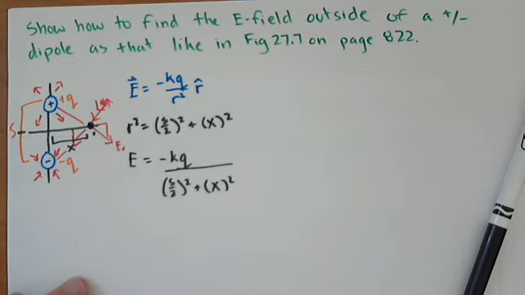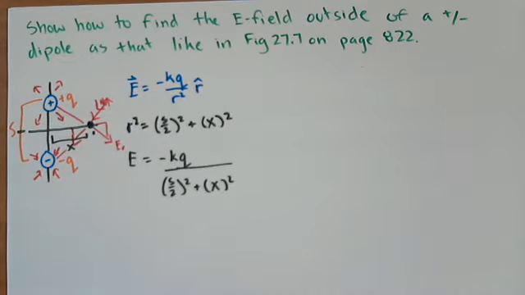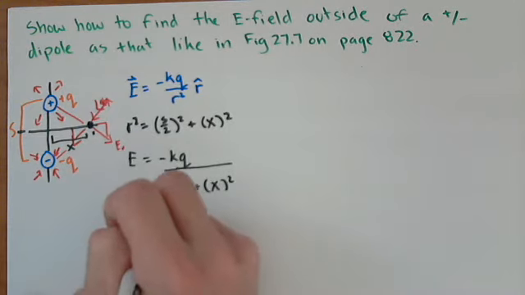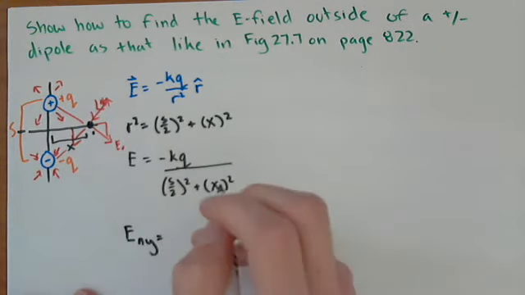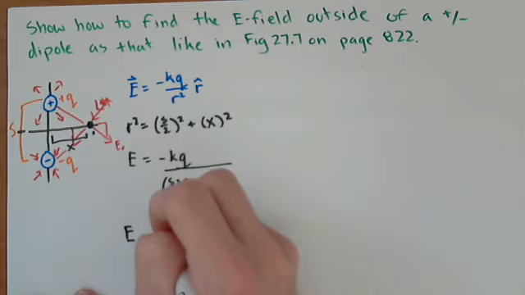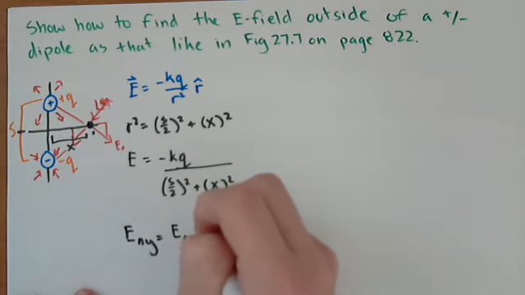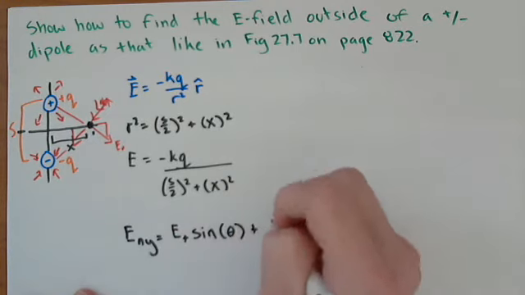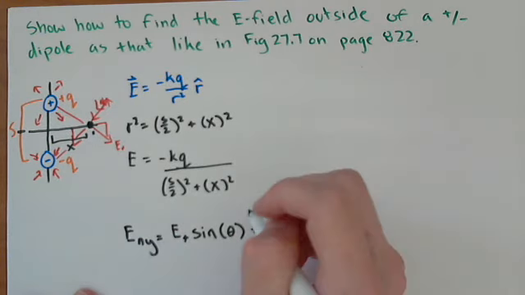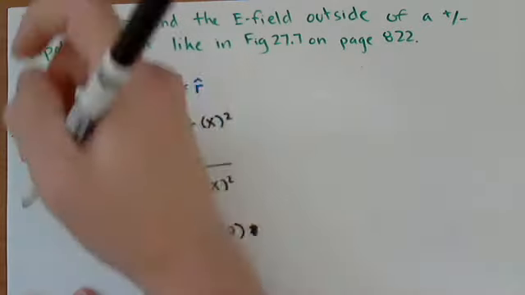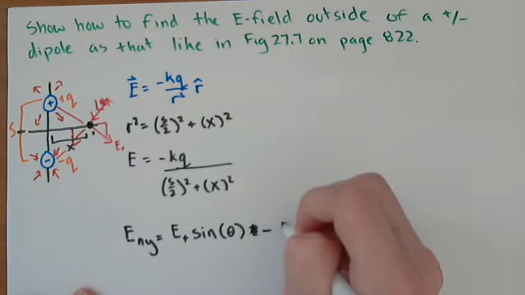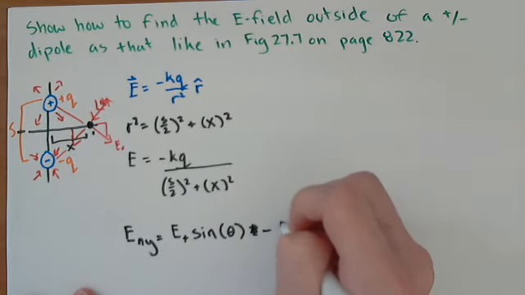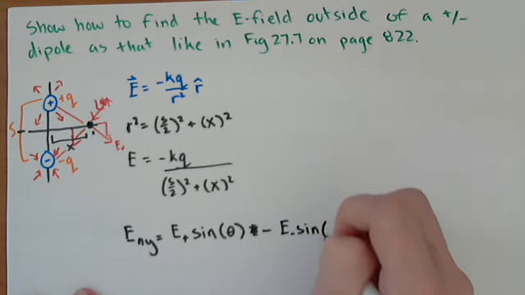We can find the net y by using the equation E net y equals E positive sine theta plus, or minus in this case since they're both facing down, minus E negative sine theta.